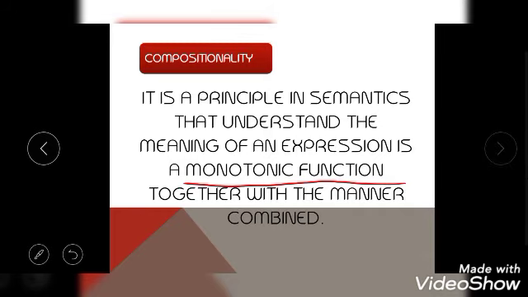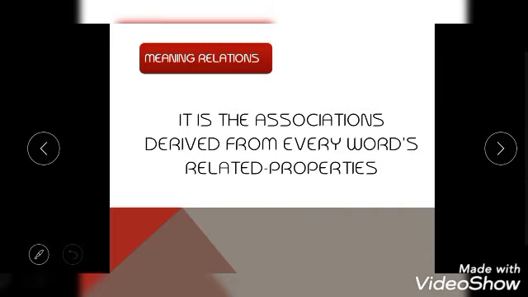Yeah. The next is meaning relation. Talking about meaning relation, it is defined as the associations derived from every word's related properties. By having knowledge about meaning relations, we could say that table has a relation with chair. Table is closely related to chair, and goodness is the opposite of badness.